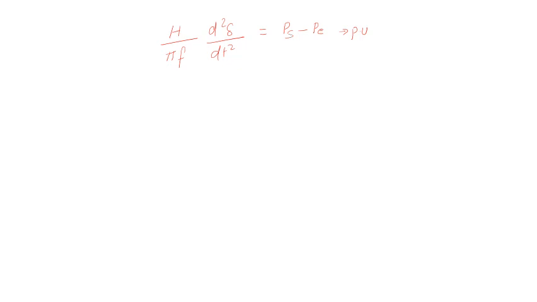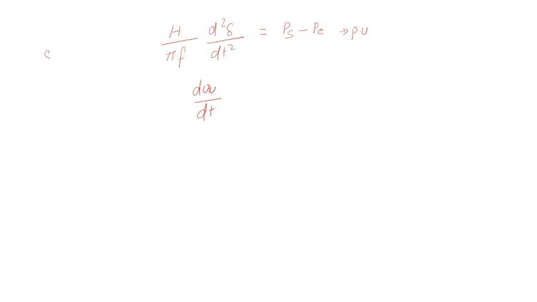Now if you check here, I have already told you that this is our acceleration quantity. If I want to change this in terms of omega, I can write d omega by dt, right? What was the difference?